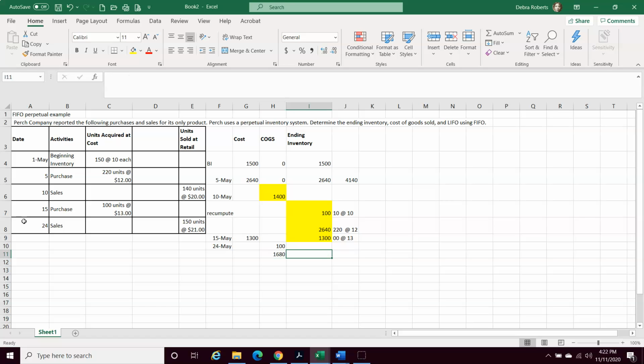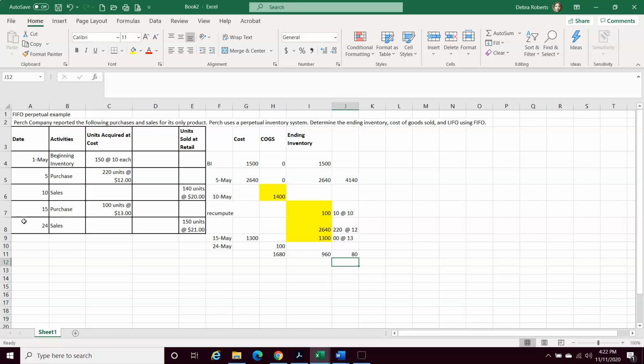Now we can compute our ending inventory. So our ending inventory is going to be layer number 2, 220 minus the 140. That's going to be the 80 times 12.